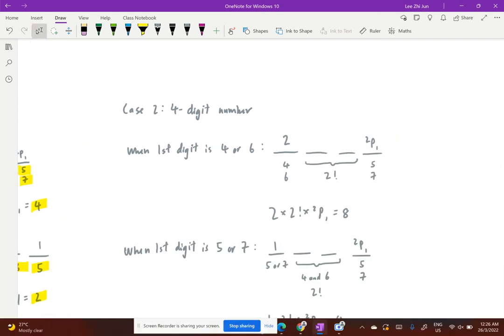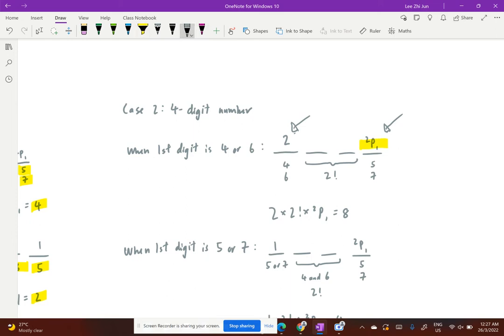So this is for 4-digit numbers. When the first digit is 4 or 6, which are the even numbers. Before that, which place should be considered first, here or here? For me, the answer is the last digit, because it has stated odd number.